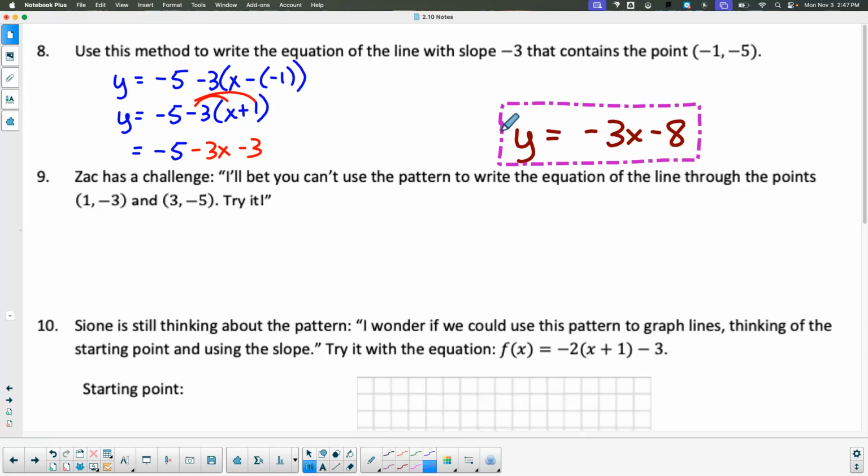I pushed this button down here. I'm that good.